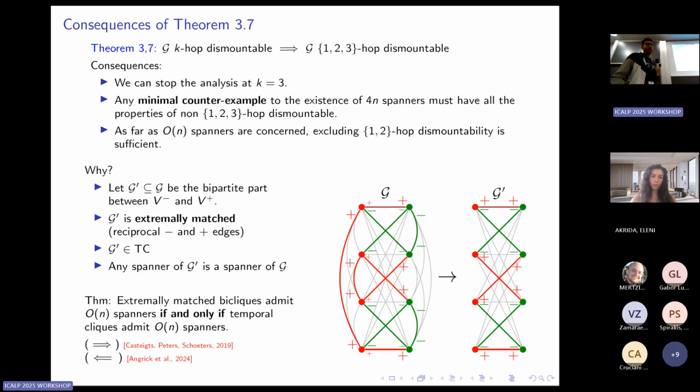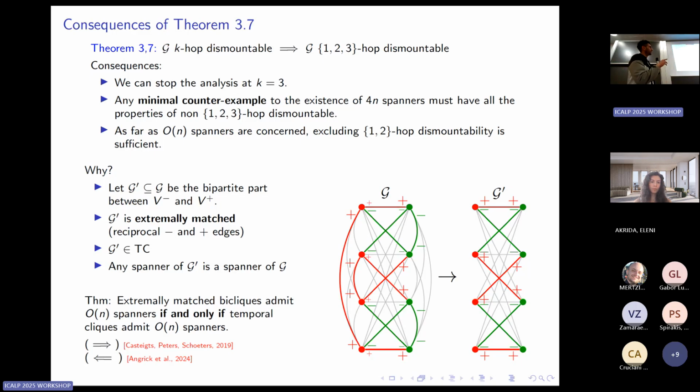Why? Because, as we have seen, if we forget about the edges inside the two partitions, D minus and D plus, in a non-2-op dismountable clique, then this graph has a special structure, which has been called extremally matched.